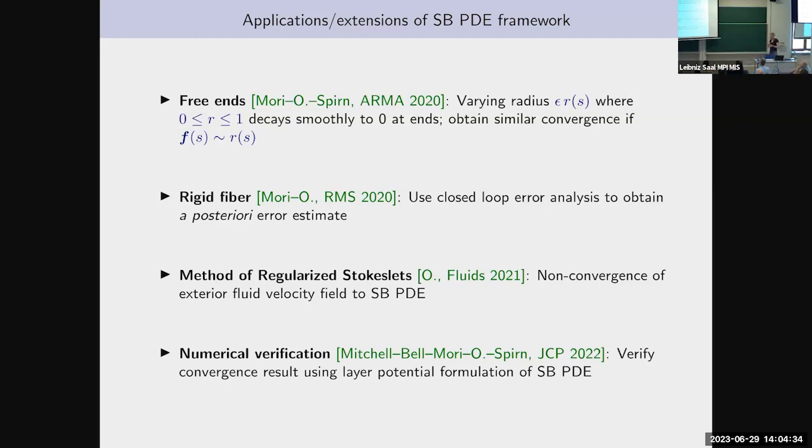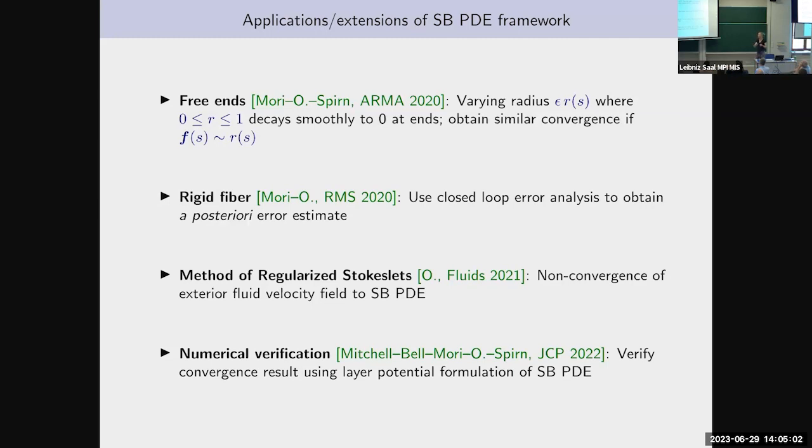Then you can think about using slender body theory to approximate rigid fibers with crazy shapes. You can think about variations of slender body theory. And we also created a numerical method based on layer potential formulation of slender body theory. And so in that way, we were able to numerically verify this convergence result.